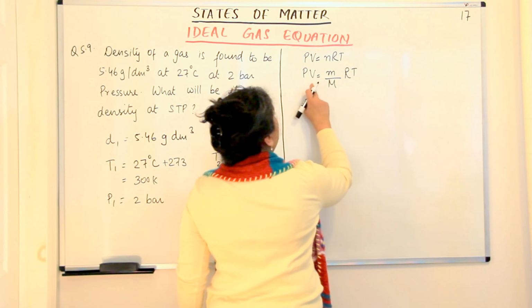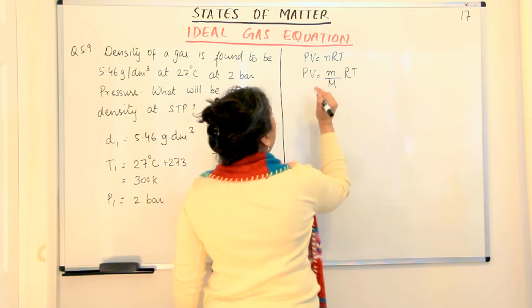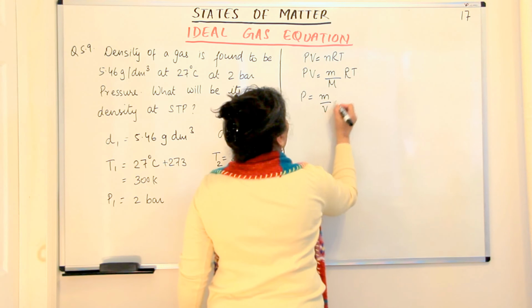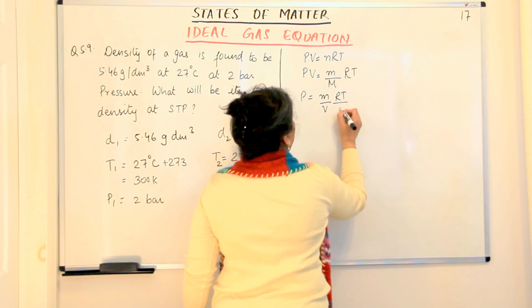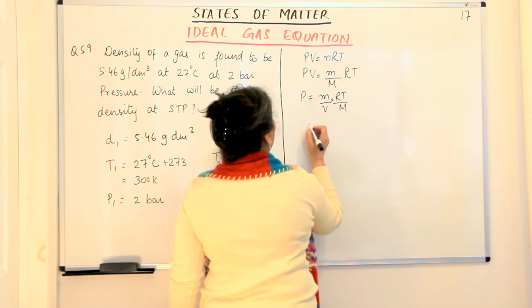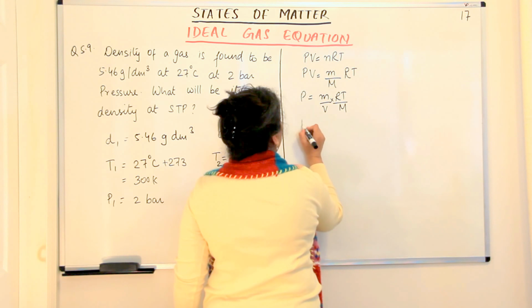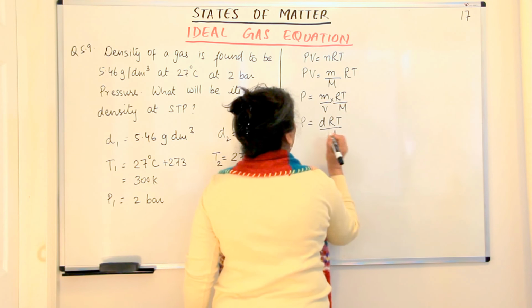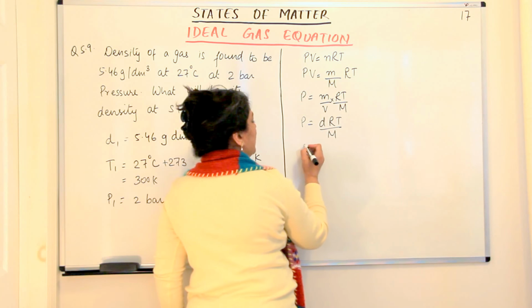So we know what is density. Density is mass per unit volume. So P would be equal to mass upon volume, RT upon M. Now, mass per unit volume is density. So P would be equal to dRT upon M. Or we can say what is density from this?